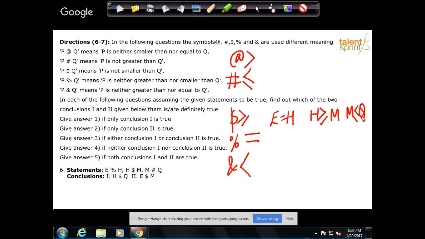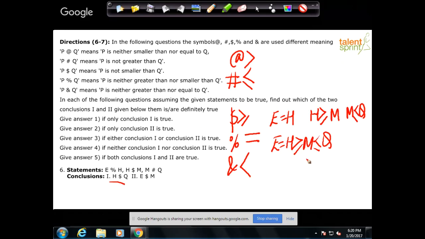In the next line, if you see, we can actually put all the relationships into one line. Now the conclusions that have been given: H $ Q would mean that H is, boys and girls, greater than or equal to Q. Does it hold true? No, it does not hold true.